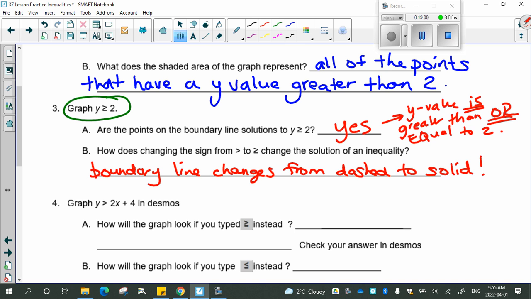Okay, so now let's try typing this into Desmos. On your phone, go to Desmos and type in y is greater than 2x plus 4. Any predictions on what it would look like before we even type it in? First of all, tell me whether the boundary line is going to be dashed or solid.